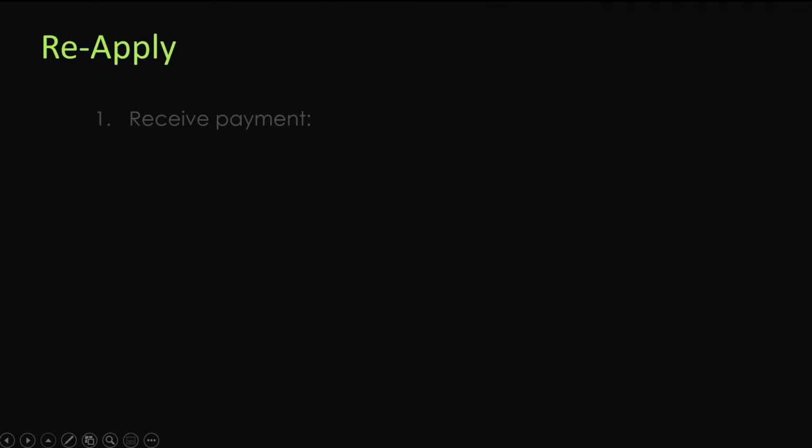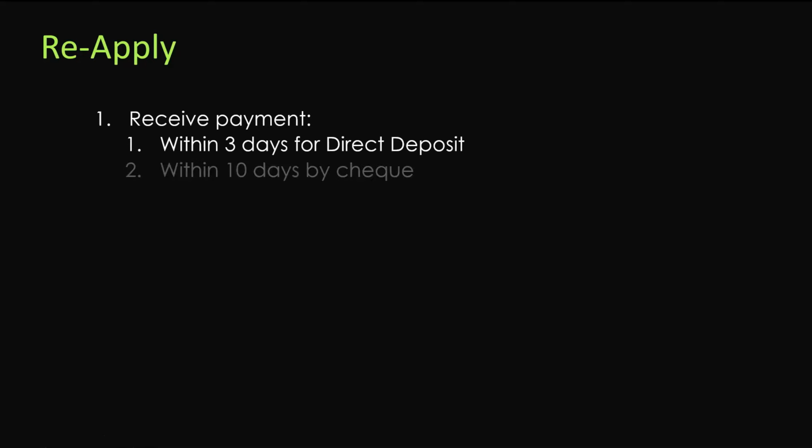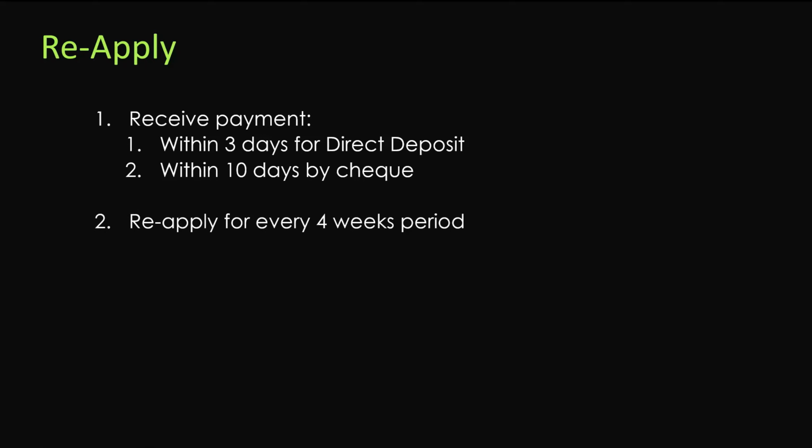Finally, once you have submitted your application, you will receive payment within 3 days if you have selected direct deposit, within 10 days if you have selected by check. Please make sure that you reapply every 4 weeks if you are still eligible for CERB. You will only get one payment every 4 weeks, and there are total 4 payments that you will receive.